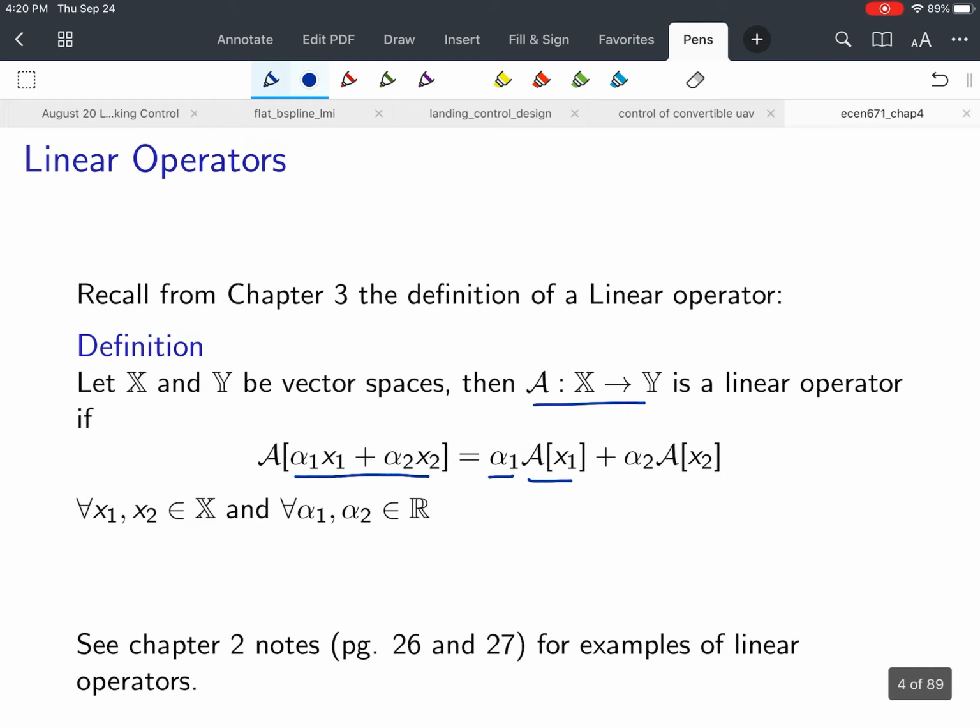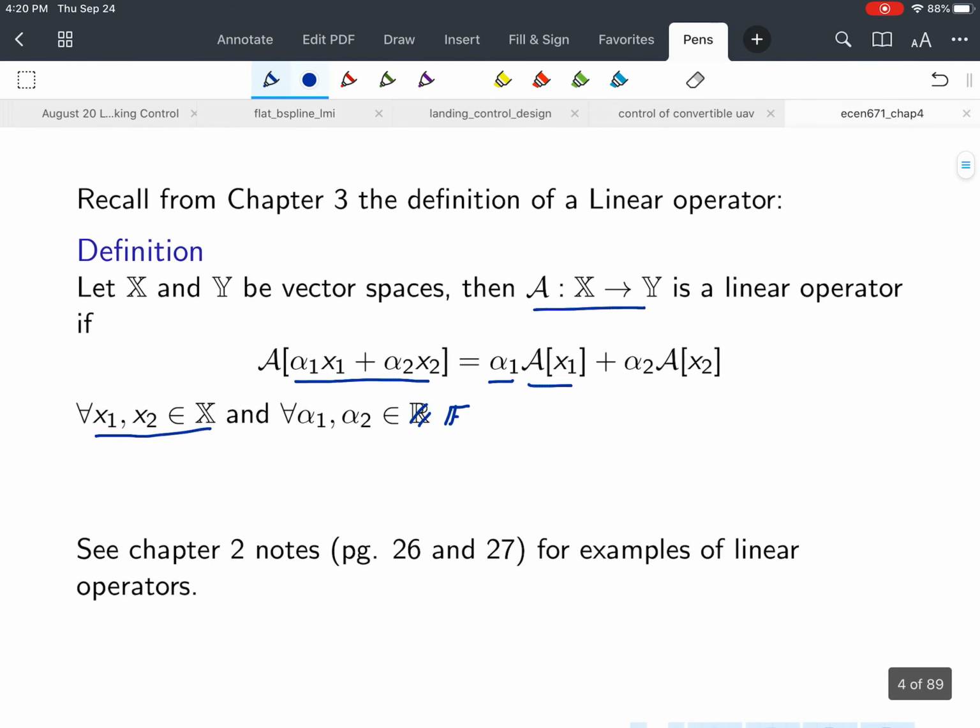This is what it means to be linear, and this is for any x1 and x2 in X, and really this would be alpha 1 and alpha 2 in the field F that is defined for the vector space. And I suppose that X and Y both have to have the same field. They can be different types of spaces, but they have to have the same field. So real numbers or complex numbers.